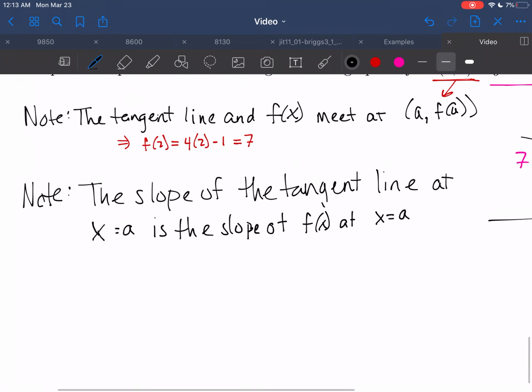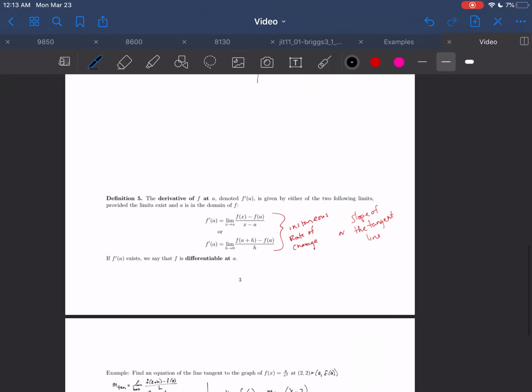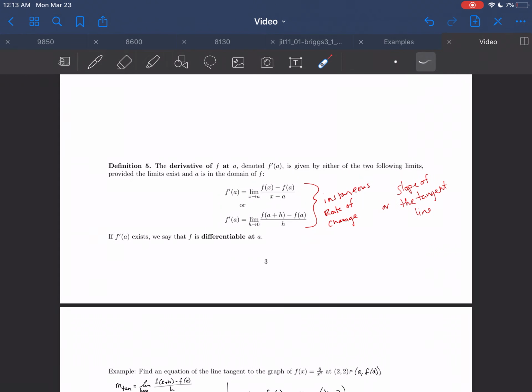Okay. All right, so think about this in this way. We're looking for our derivative. What do we know about that derivative? So far, at least. For now, we know that it is the instantaneous rate of change or the slope of the tangent line.